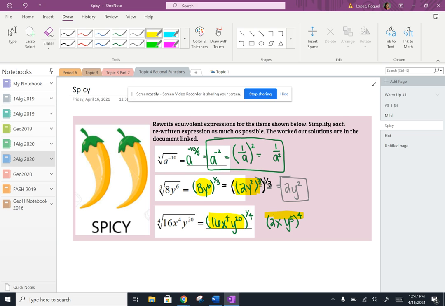And now that base that I've originally highlighted in yellow is equivalent with the base that I've just highlighted. I'm going to put another set of parentheses in and bring that 1/4 along. And now these are equivalent expressions. Okay, I've got that power to a power, so I can reduce that 4 times 1/4. And our final answer is going to be 2xy to the 5th.